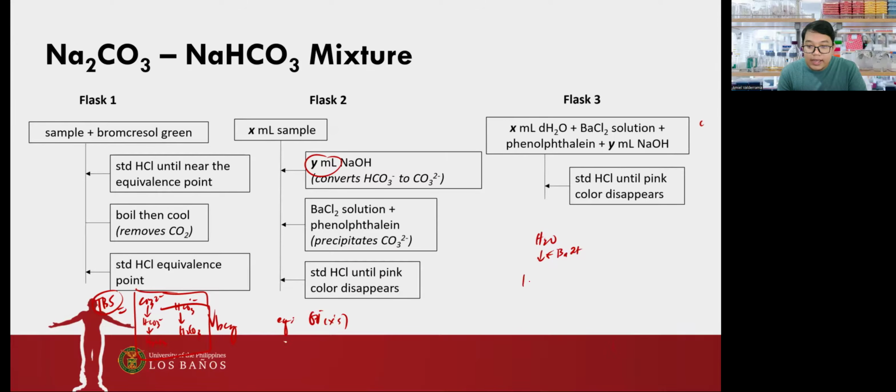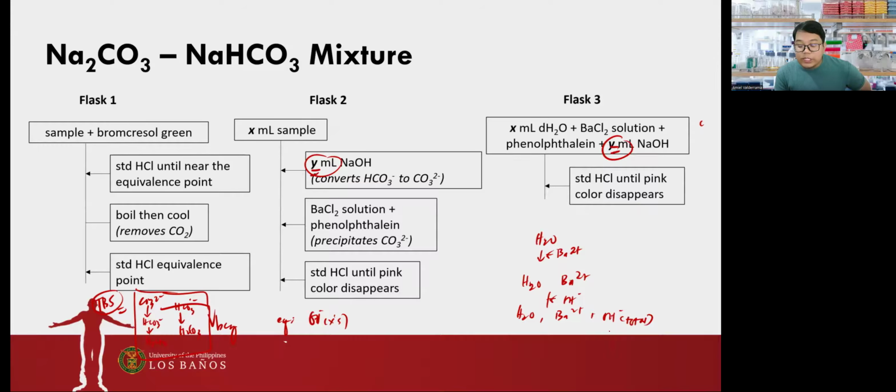So water pa rin yan, plus Ba2 plus. Then nag-add ka ng NaOH. So wala pa rin effect yan, H2O lang yan, tsaka Ba2 plus, tsaka OH minus. Basically, same mL yun, di ba? Y mL, tapos ito Y mL. So ito yung na-establish nating OH minus na total kanina.